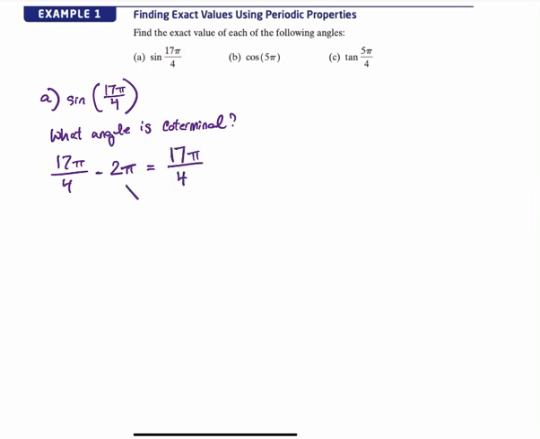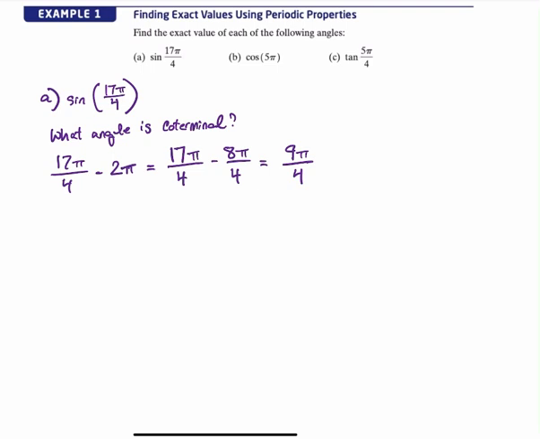I would multiply this 2 pi by 4 over 4, so that would convert it to 8 pi over 4. So this is equivalent, if you were to reduce that, you would get 2 pi. We're just getting a common denominator. So we can subtract these fractions. Now we can do the subtraction. So 17 pi minus 8 pi is 9 pi over 4.